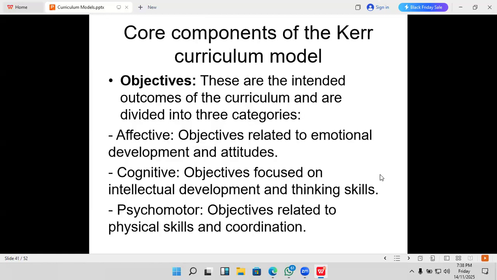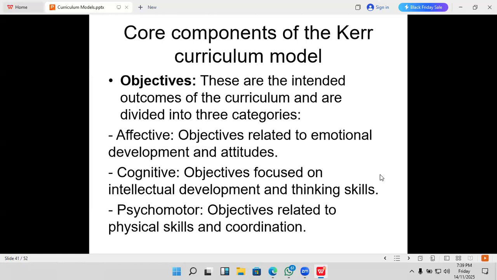The core components of the curriculum model are the same, but the first one is the same, objectives. The other two also started with objectives. These are the intended outcomes. The new term we now use in the current education system is learning outcome.